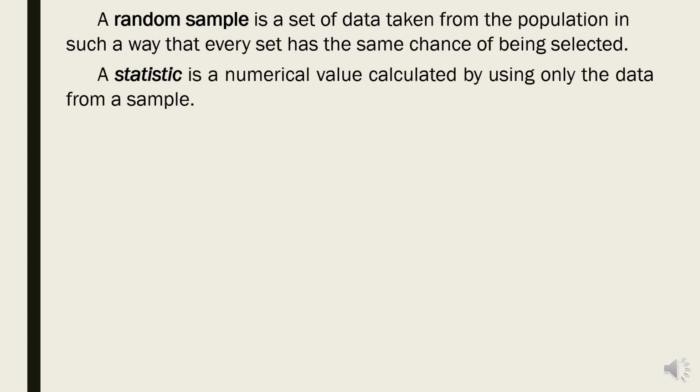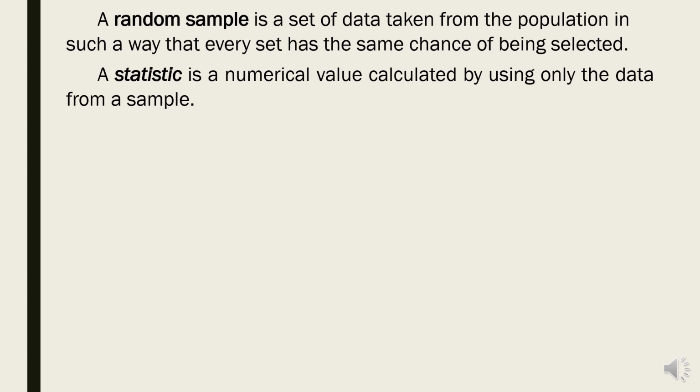A statistic is a numerical value calculated by using only the data from a sample. So if the numerical value calculated using the population is what we call the parameter, if it is from the samples, it means that it is what we call a statistic.